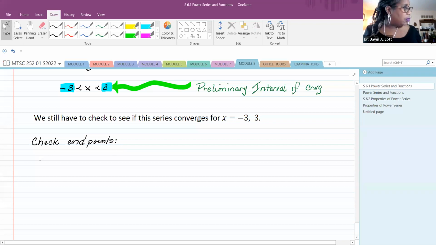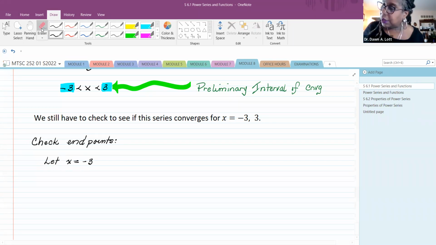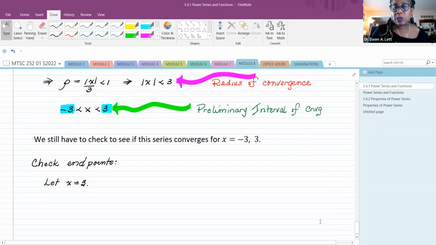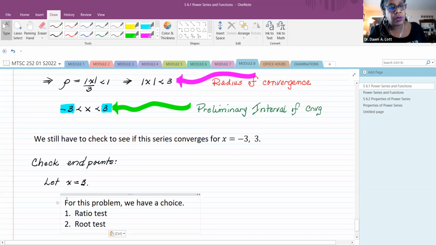Let's start with x equal to, doesn't matter. Let's let x equal -3. We'll start on the bottom end. Nope, I'm going to start at the top. Start at x equals 3. Now I have to go back and remember what the series looks like.